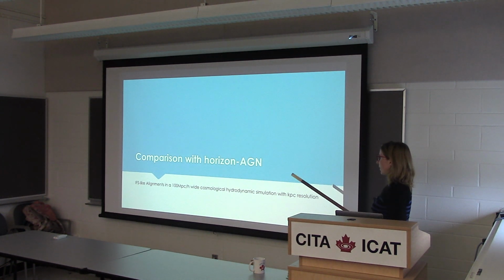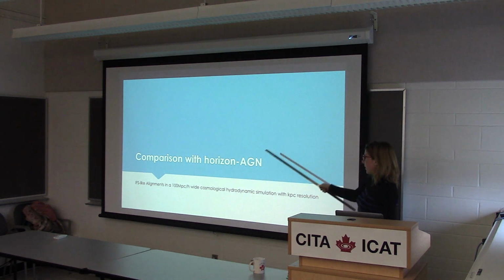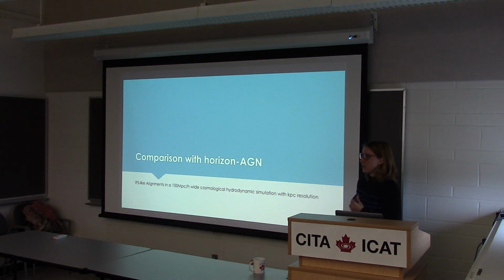I also did a comparison with a big hydro run called Horizon-AGN, which is similar in a sense to EAGLE and Illustris, except it's done with RAMSES, which is an AMR code. It's 100 megaparsec per h on the side. It has kiloparsec resolution. It includes a lot of physics, all the basics: AGN, supernovae, type 1 and 2 star formation, etc., cooling.